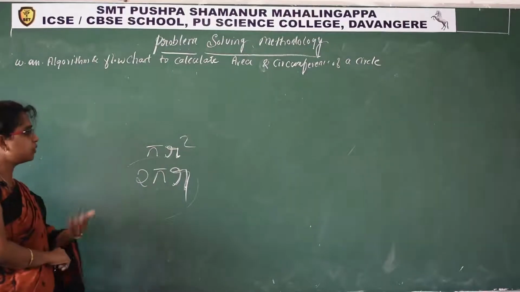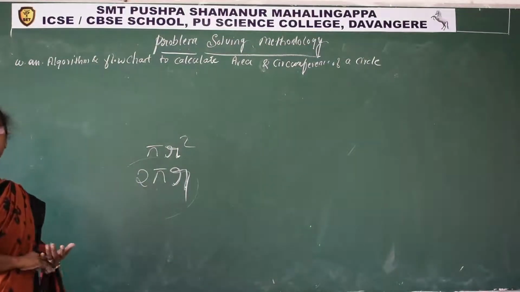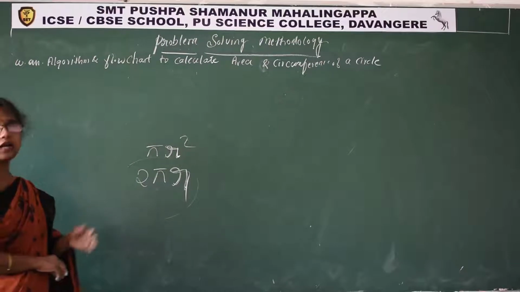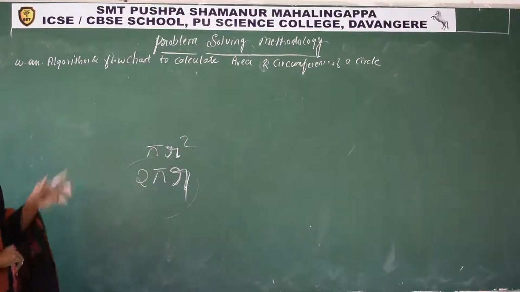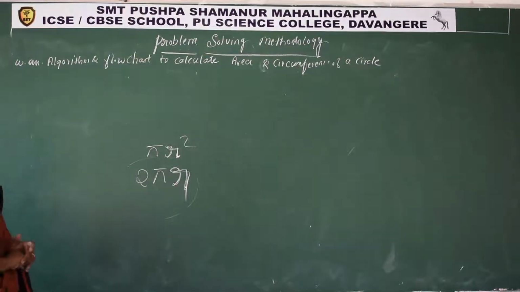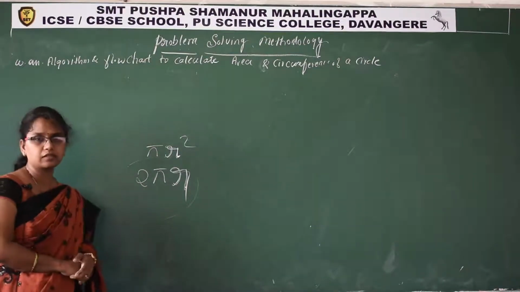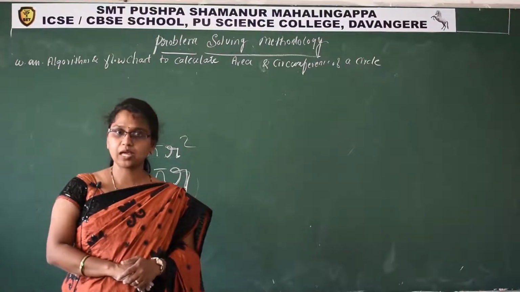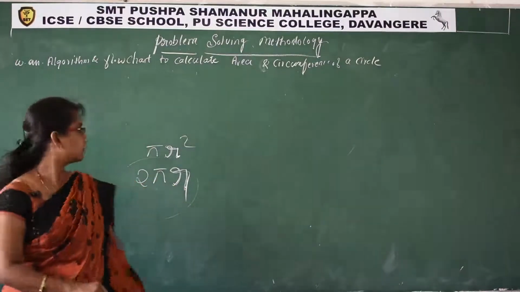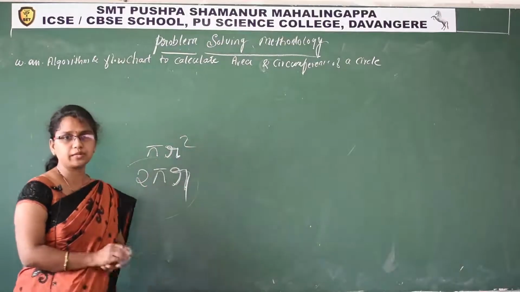So as the user inputs a different value, according to that value we will get a different area and different circumference. So what is the input for these two? To calculate area and circumference, radius. So the user has to input radius, the program has to calculate circumference and area, and it has to display.